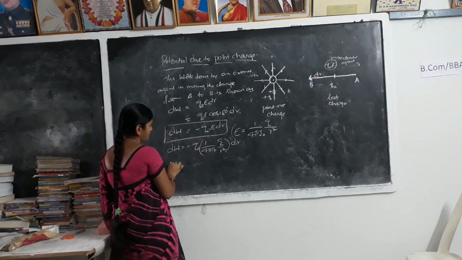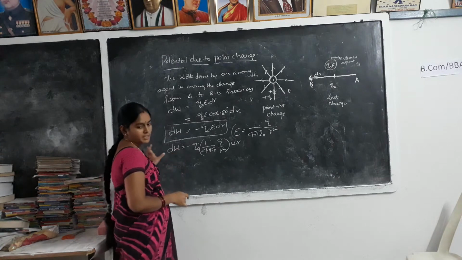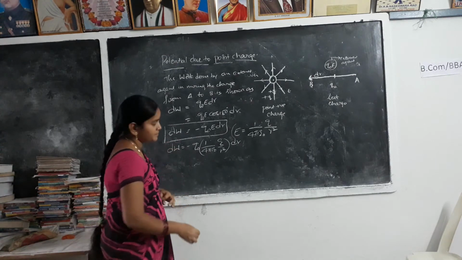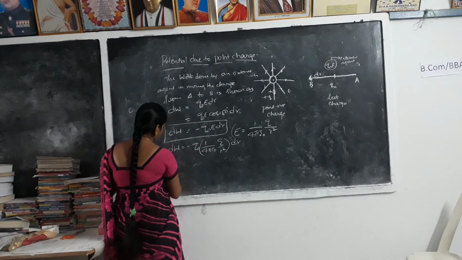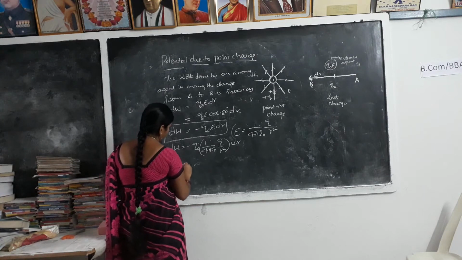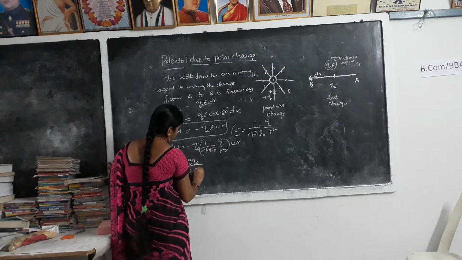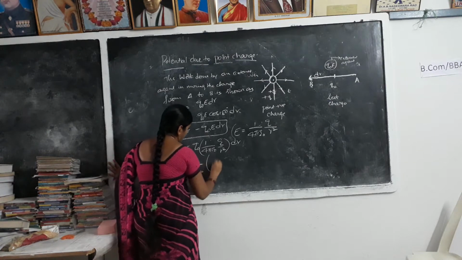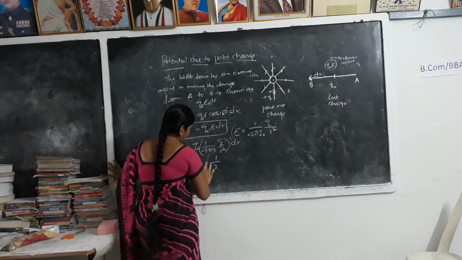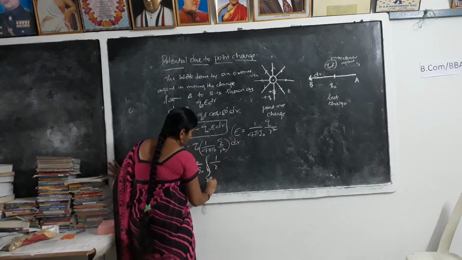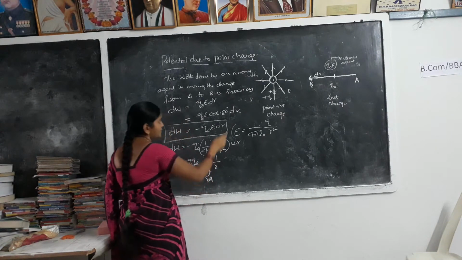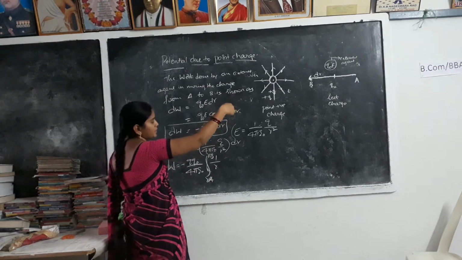So now applying integration, we get W equals minus Q naught Q by 4 pi epsilon, integral RA to RB of dr by R square. Right? We are moving the charge from A to B now.